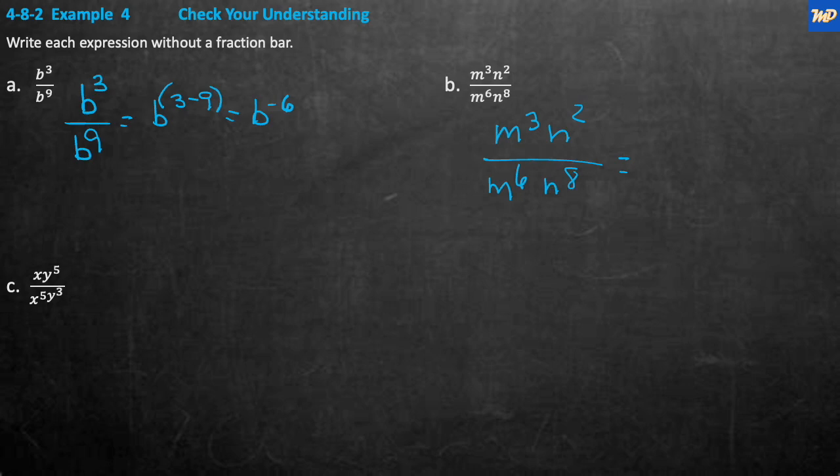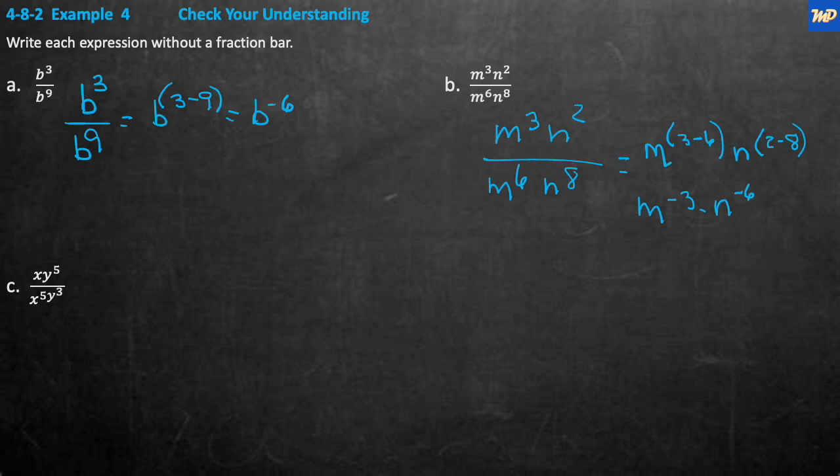The m's, keeping them together, we're going to have m to the 3 minus 6, and n to the 2, or n squared, minus 8, and that's going to equal m to the minus 3 times n to the minus 6. There's our solution. If we were putting a fraction bar in here, both of those would go to the denominator. It would be 1 over m cubed times n to the 6th power.